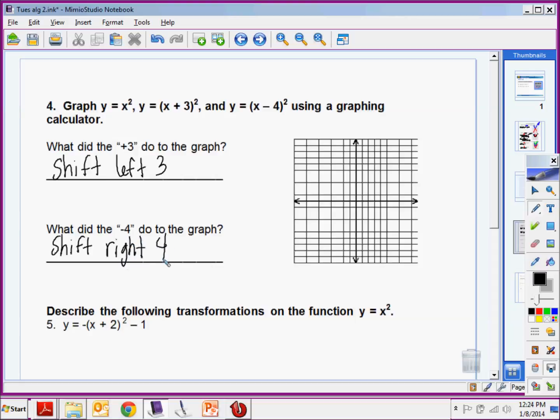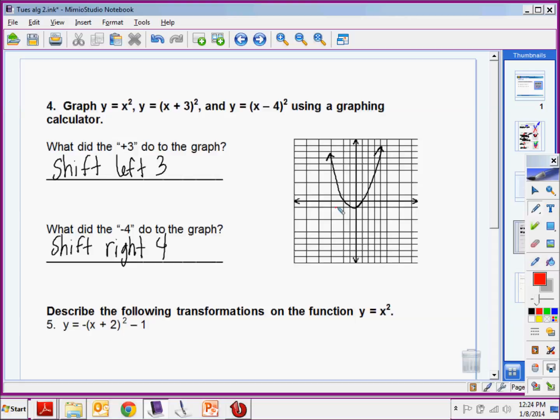All right. Oh, it's not allowing me. I guess I have to draw it. So I'm going to go 3 to the left.